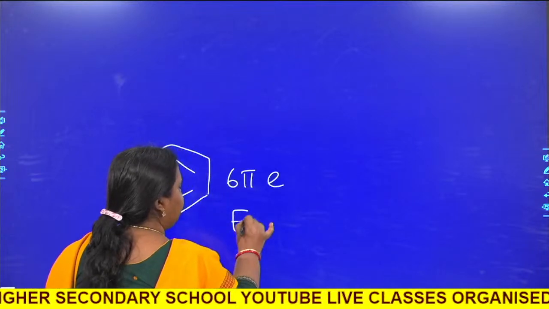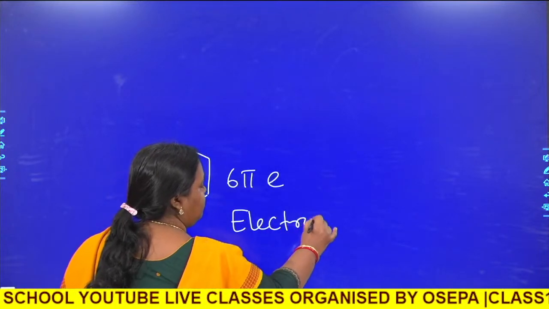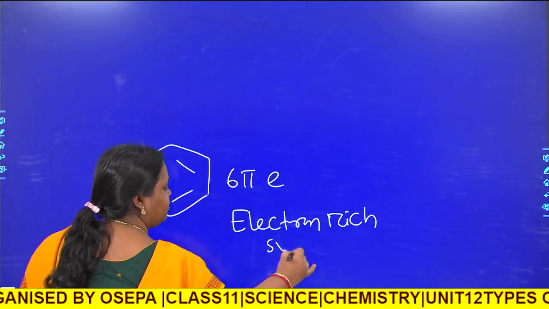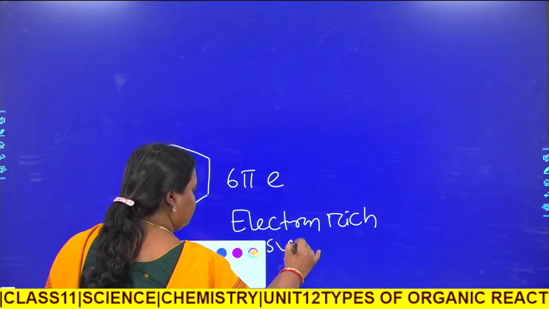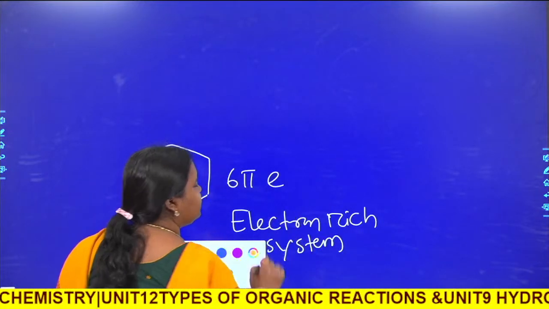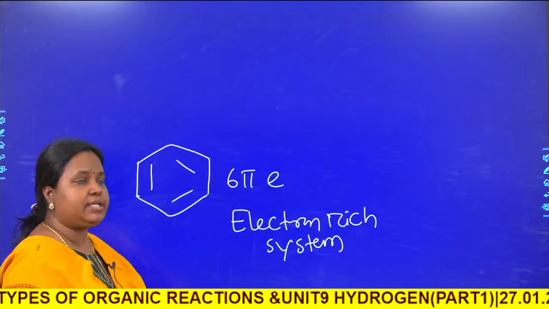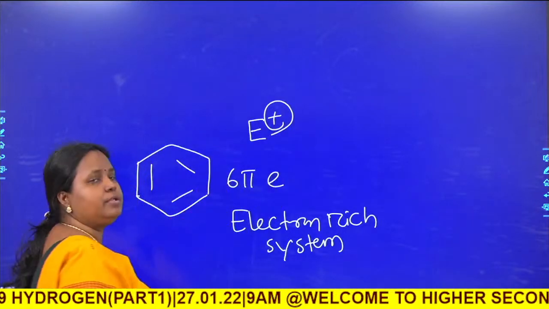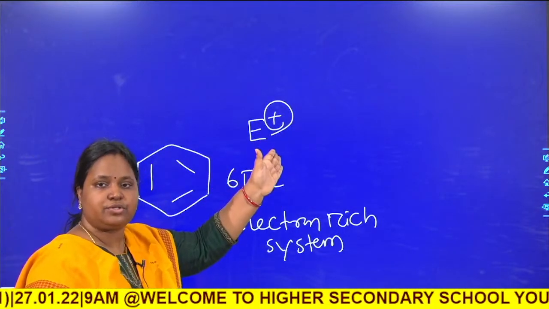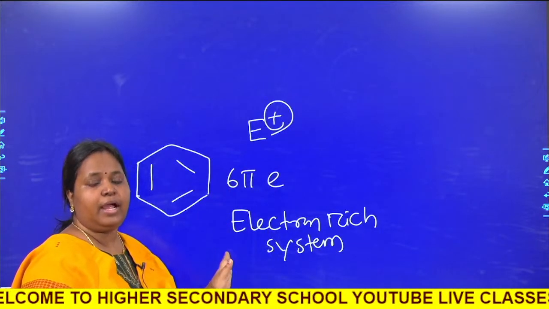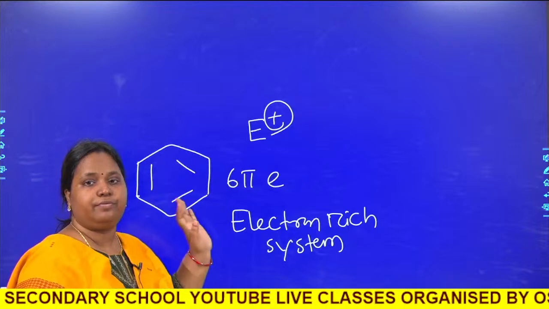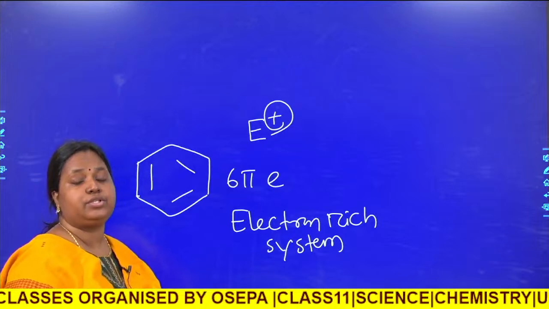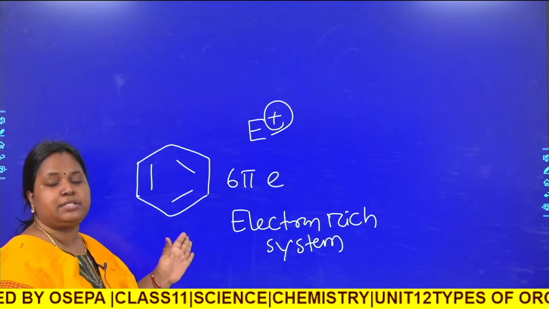So an electron rich system will attract a positive charge, hence the reaction is brought about by an electrophile. Since it is rich in electrons, it attracts the positive charge and brings about the electrophilic substitution reaction, and this will be discussed in detail when we study benzene.